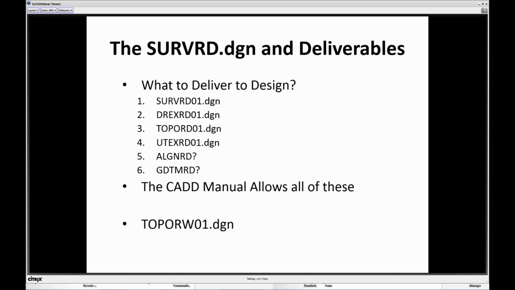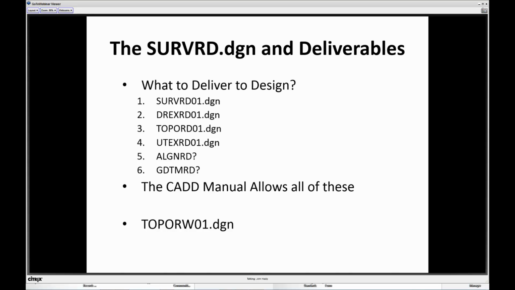If a designer asks you for that, the designer probably doesn't realize how exactly the SURVRD works. But you can always export the terrain model as an XML or a TIN and open up a new 3D GDTMRD file, and import that terrain model and give them a standalone. So that will work. So you want to give the designer what they want, what they have a comfort level with. And like I said, the CAD manual for now allows all of these.